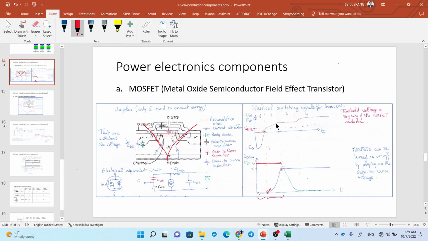So here you can see that in order to be completely on, you need the voltage at the GS to be high enough. If you apply a voltage that is not high enough, for example around this region, you can see that the device does not completely turn on. So at this region, it produces heat because it has a certain value of resistance.